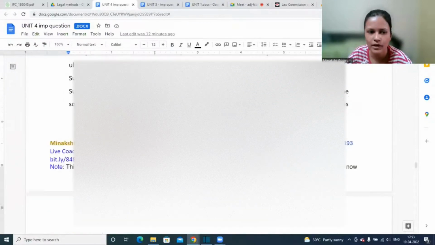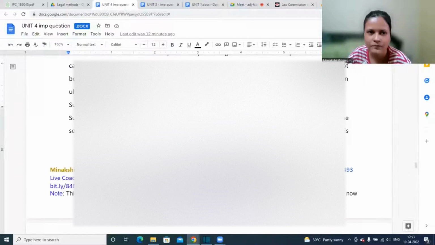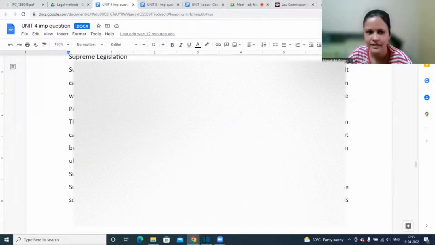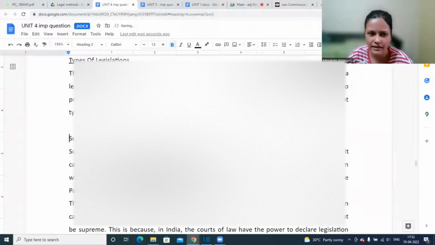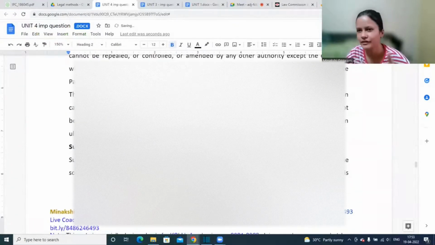More commonly what we see is there are supreme legislation and subordinate legislation. If you start classifying them, there are obviously a lot of different types: substantive and procedural legislations, primary and secondary legislation, supreme and subordinate legislation, welfare legislation, repealing legislation. So many different types are there.